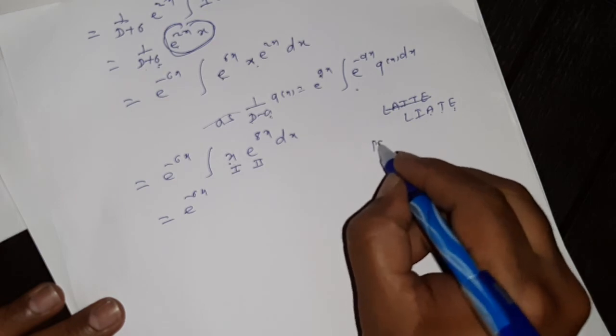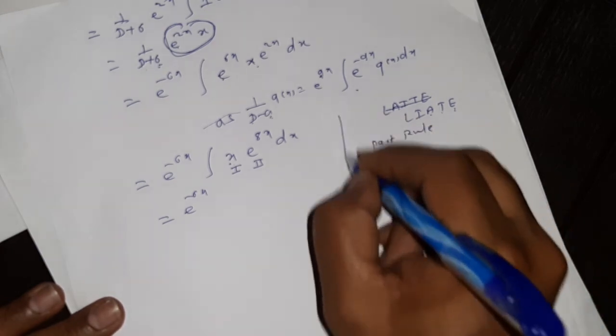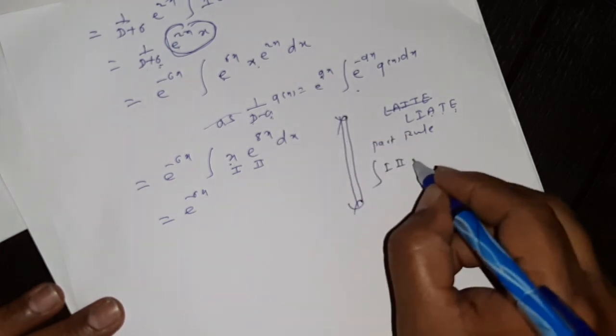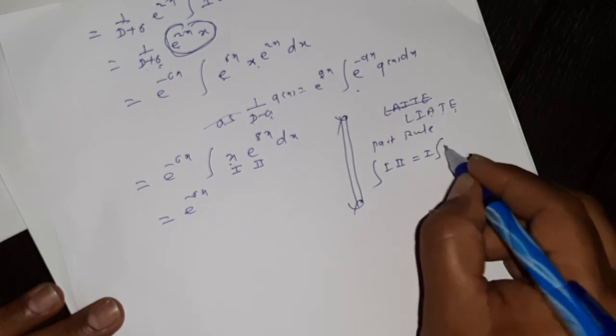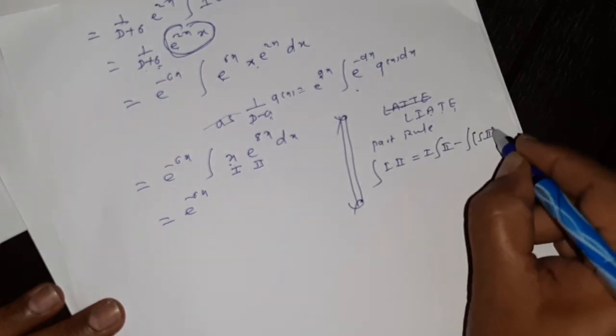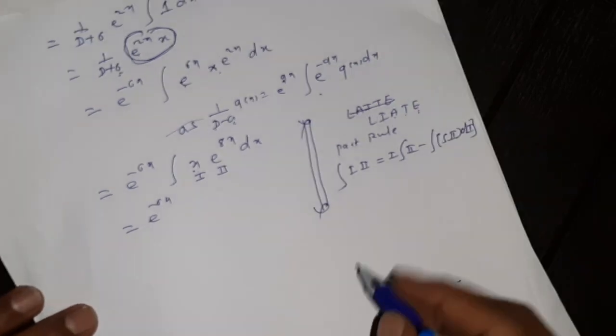And what is the parts rule of integration? Integration of first into second is first integration of second minus integration of second, derivative of first. So this is the parts rule.